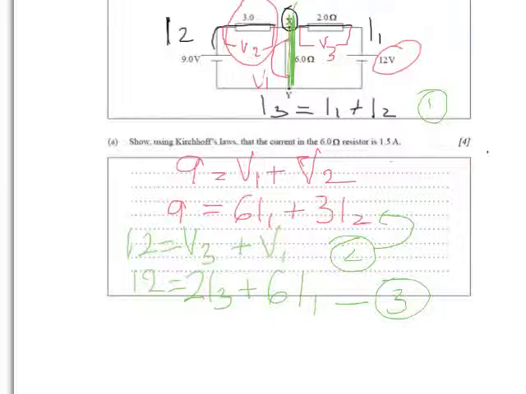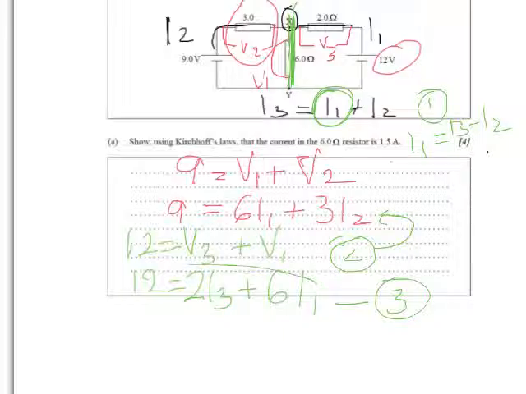So where do we start? Let's have a look. I1. So we'll make I1 equals I3 minus I2. Okay, so that's good. And now let's see what I3 is equal to.